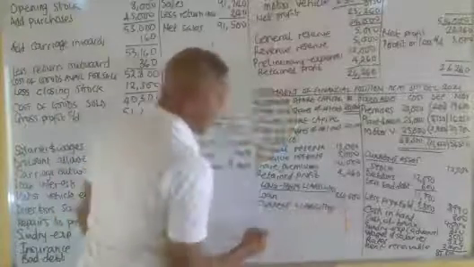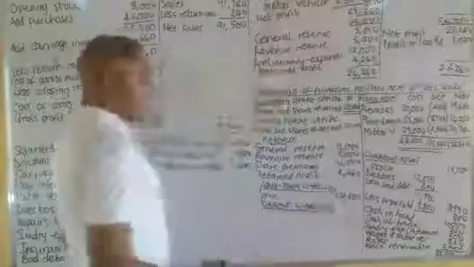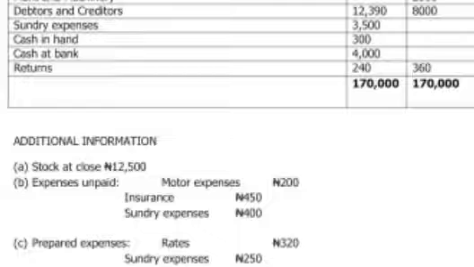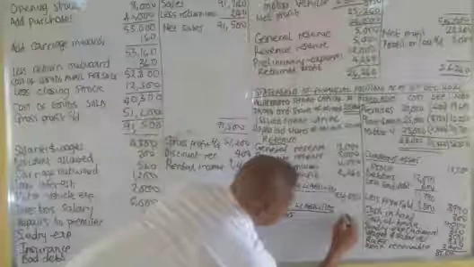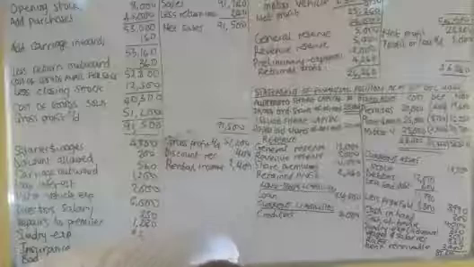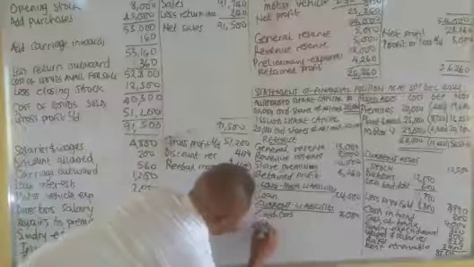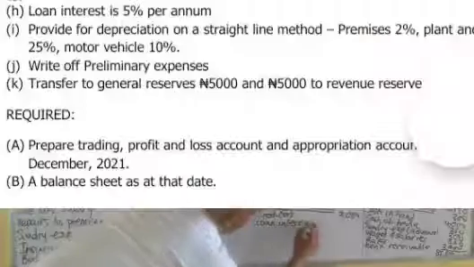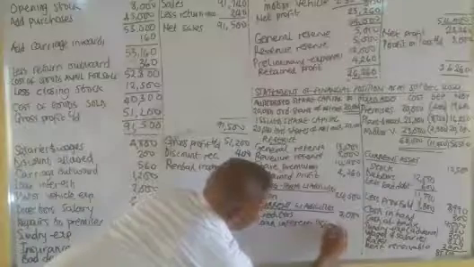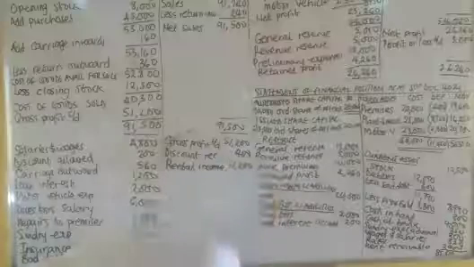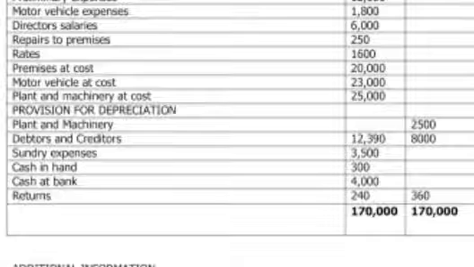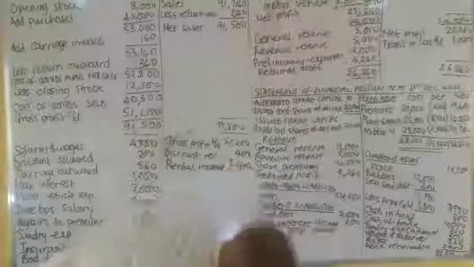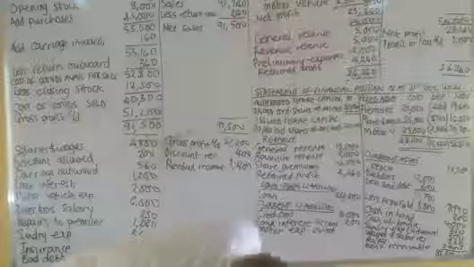Current liabilities. The first item will be our creditors. How much is creditors? 8,000. Another item there is the loan interest that was accrued, 200. Another one is motor expenses that was owed, 200.